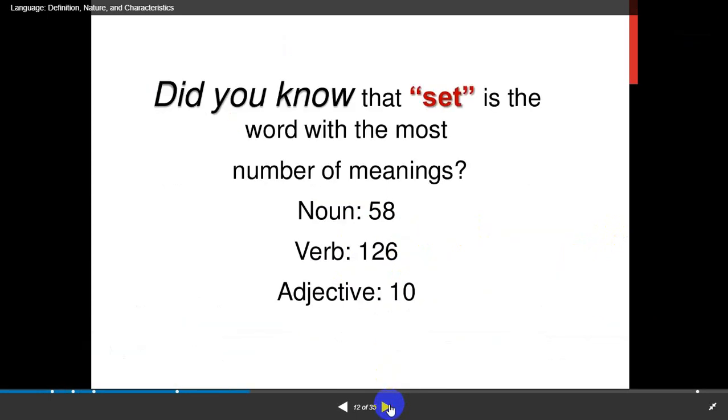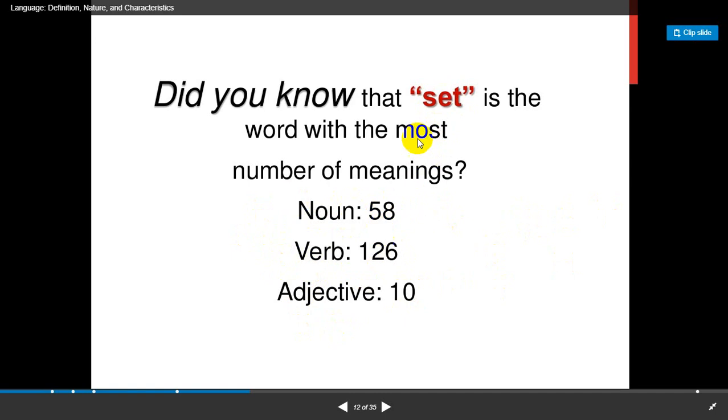Did you know that set is the word with the most number of meanings? Yes. Okay. Set, like the word set, you see? One set of noun, one set of verb, one set of adjective. So set means a group of things, a group of noun, 58.